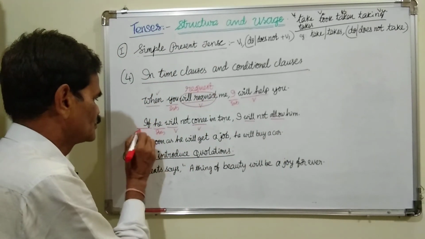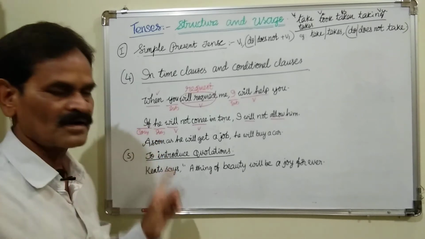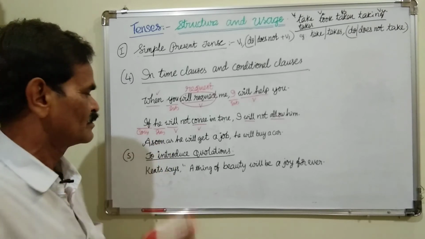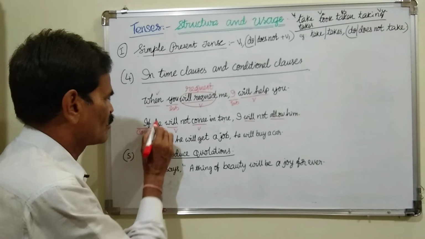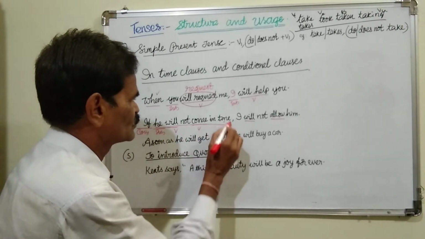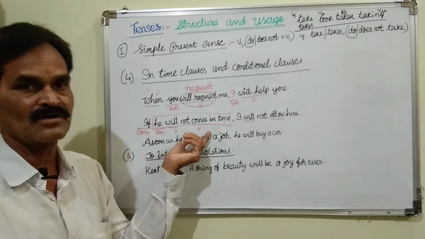But if is a conjunction, and this denotes a condition. If, unless, in case, provided, these are the conjunctions denoting condition. So the entire clause which comes after if is called a conditional clause.